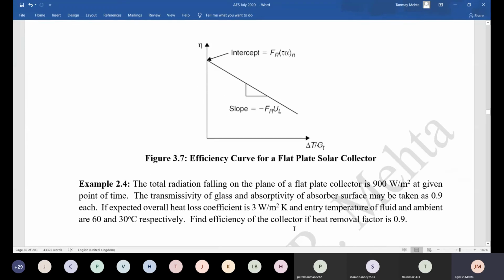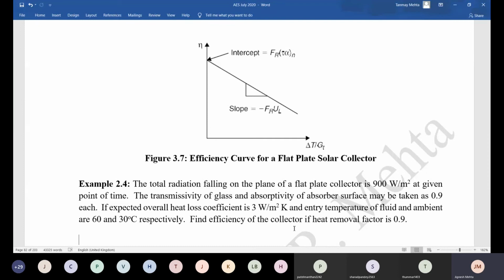Now, just for a little calculation and for better assimilation of the concepts, I have designed two examples which are very simple. You just need to put values in the formula and you would be able to get the answer. So I'm just mentioning those. The total radiation falling on the plane of a flat plate collector is 900 watt per meter square. So this is your IT at a given point of time.